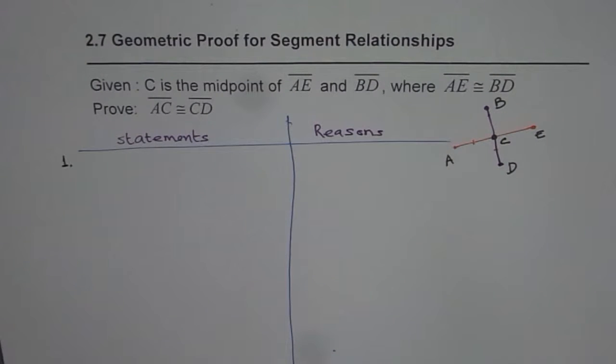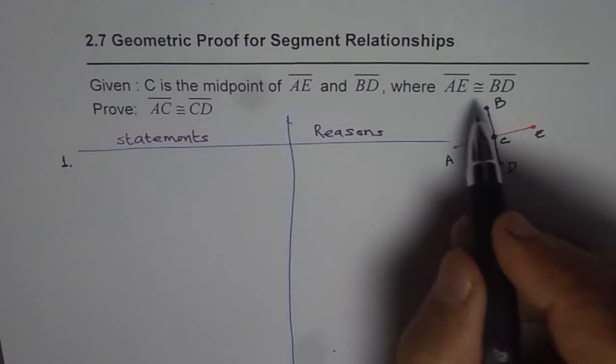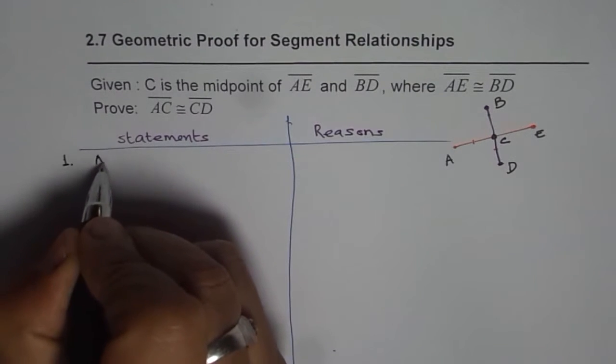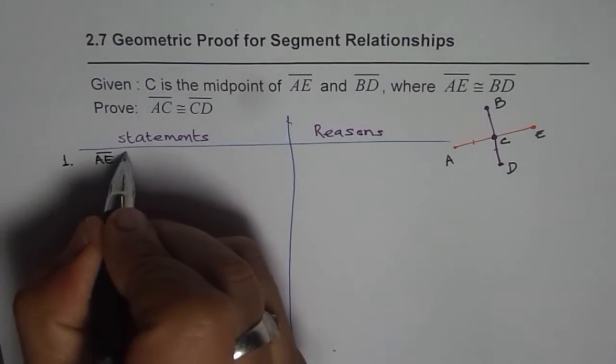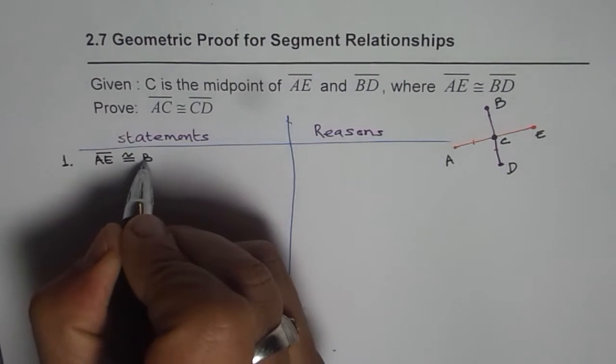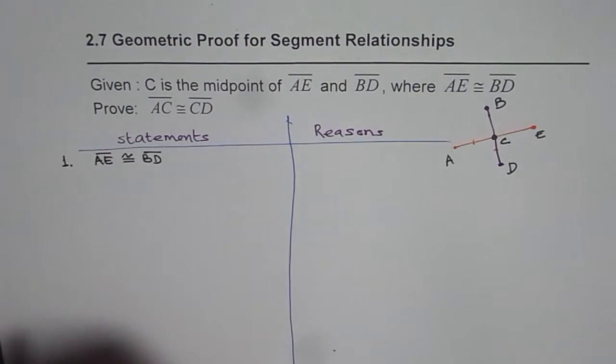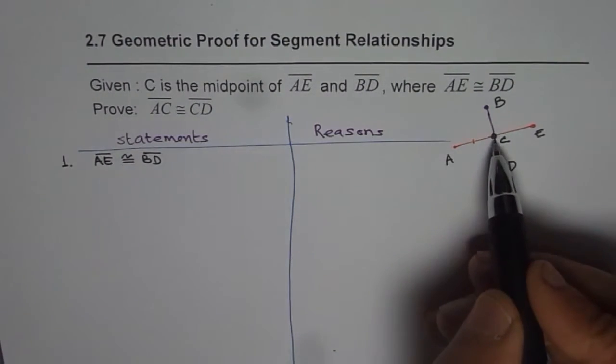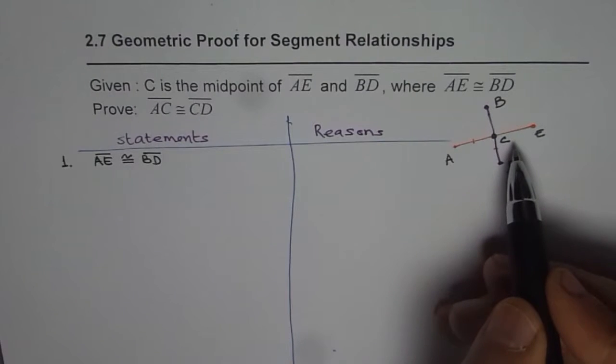So it is given that there are two segments AE and BD which are congruent. So AE is congruent to BD. Then we have a point which is the midpoint for both of them.